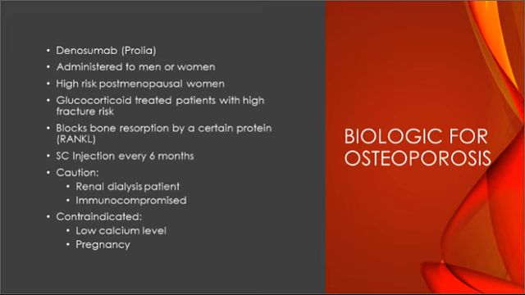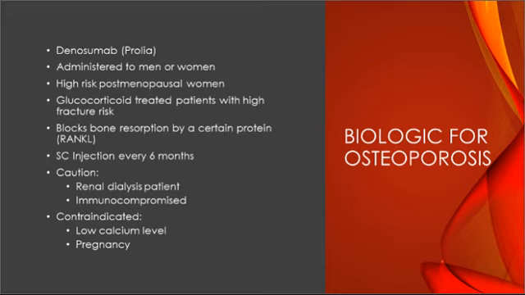It's in your drug handbook starting on page 340. It can be administered to men or women. It works best with the high-risk postmenopausal woman or the woman that has had a history of a bone fracture or has multiple fracture risks. The osteoporosis, lack of or inability to do impact exercises.